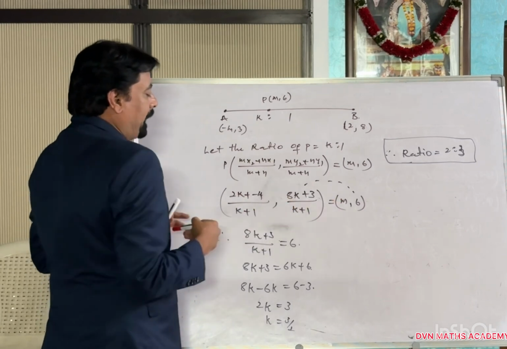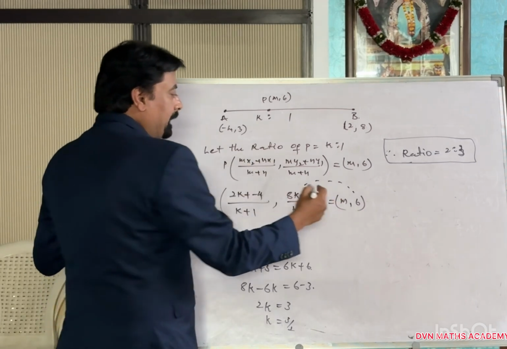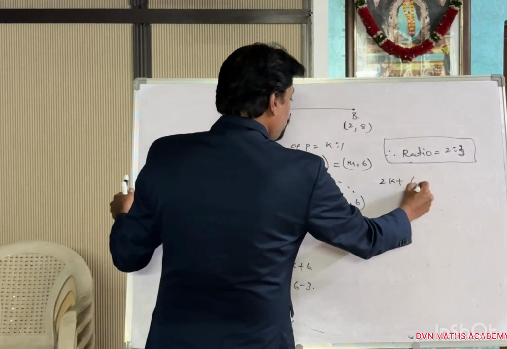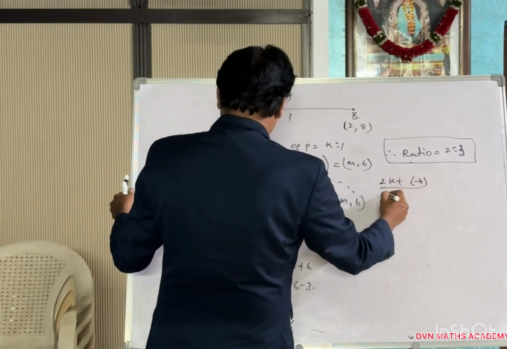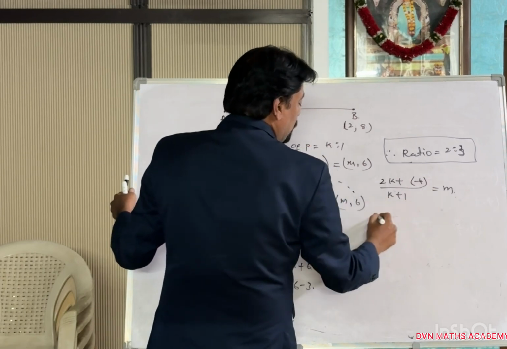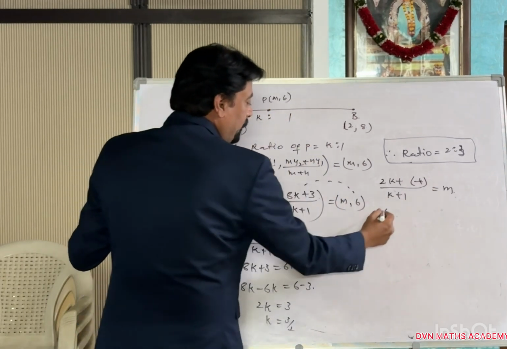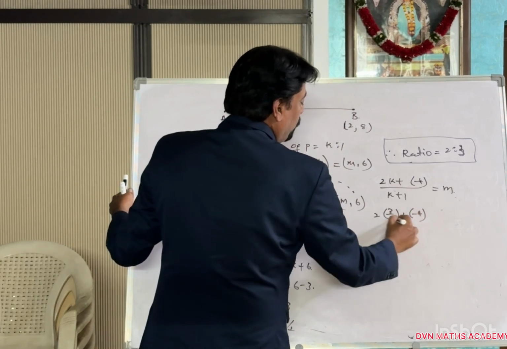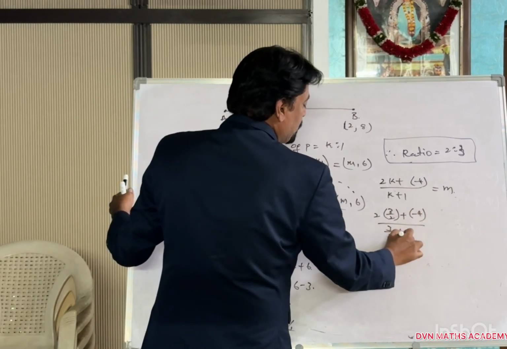Just compare the x coordinates, that is (2k plus minus 4) by (k plus 1) is equal to M. 2 into the k value, which is 3 by 2, just substitute, 3 plus minus 4 by 3 by 2 plus 1.